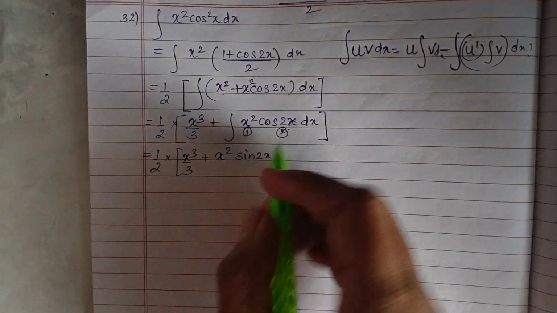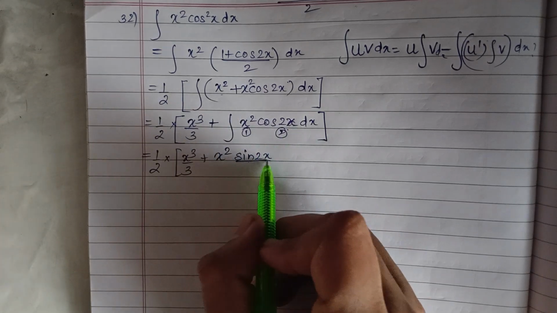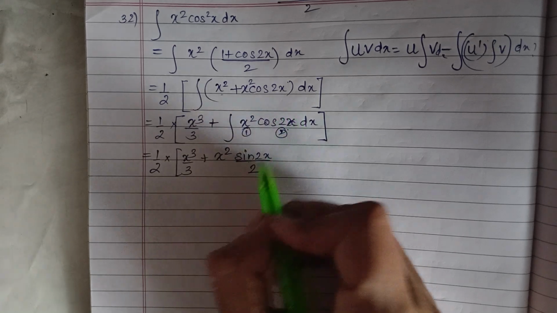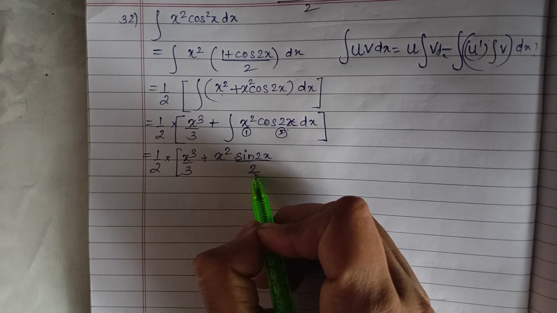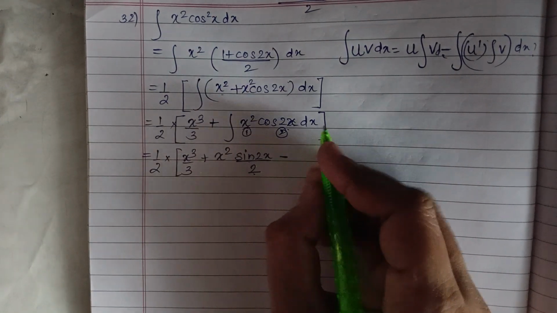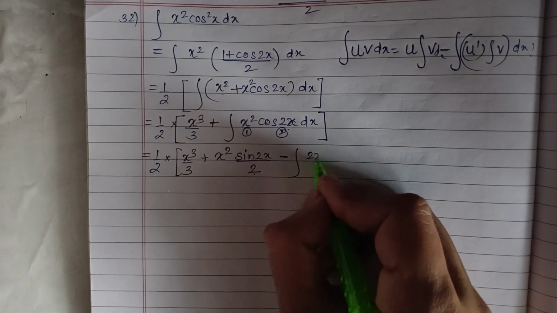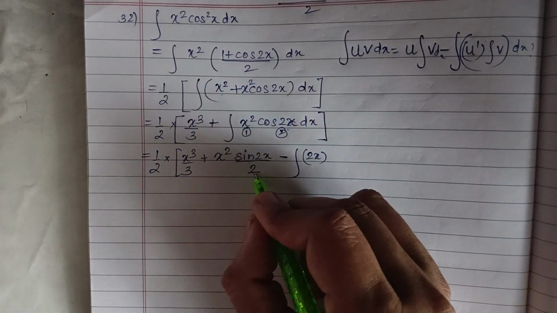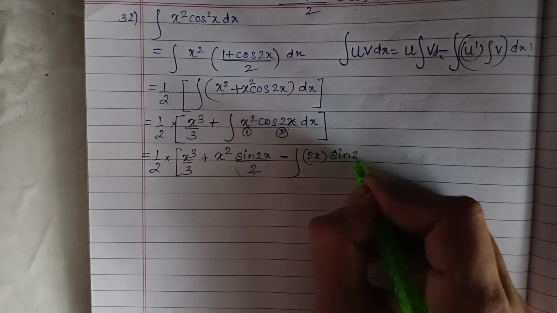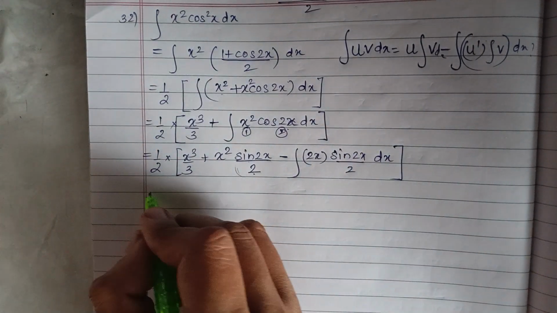Integration by parts. Then integral of cos 2x is sin 2x divided by 2, that is the derivative of 2 you have to write in the denominator. Minus integral, derivative of x square is 2x into this, so sin 2x upon 2 dx.